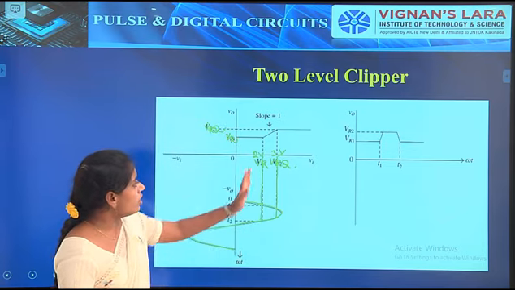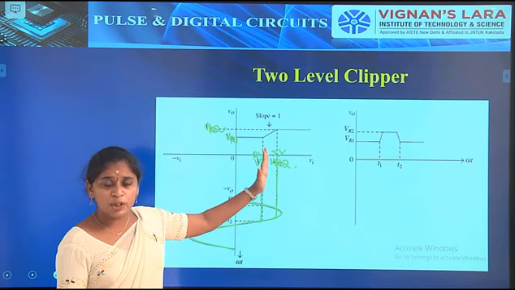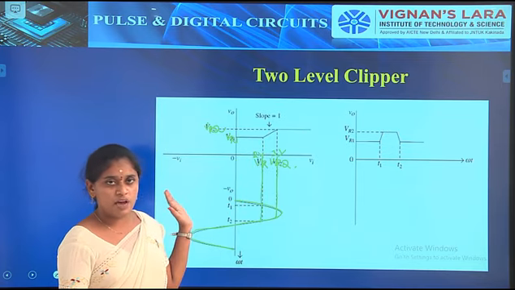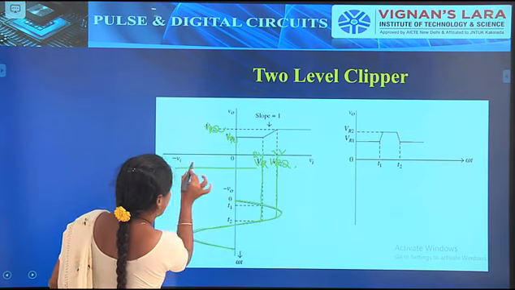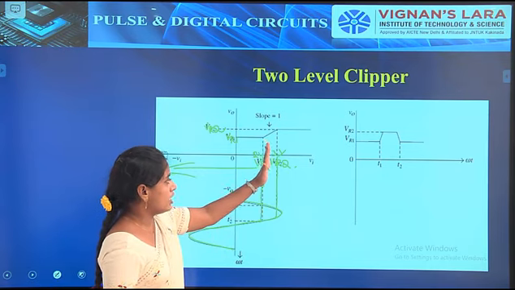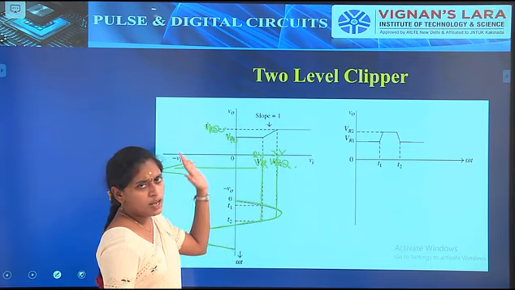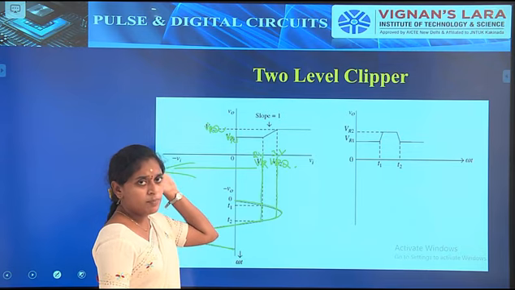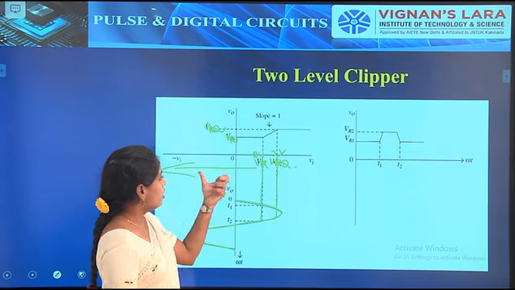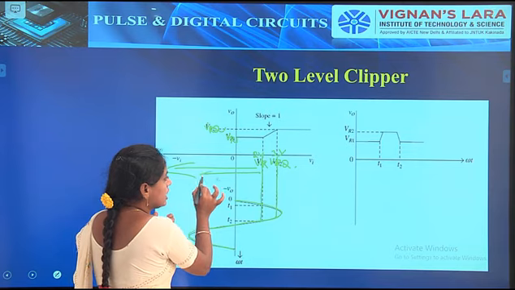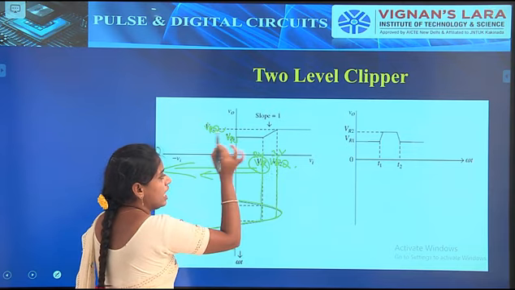So what is the condition? In the first condition the input Vi is less than VR1. Less than means this signal only, in this direction, so less than 2 volts, nothing but 0 volts or -1, -2 up to the maximum input signal. When the V input is less than VR1, what happens?